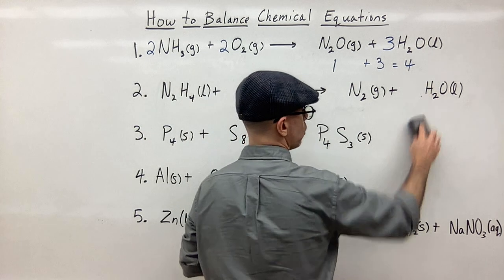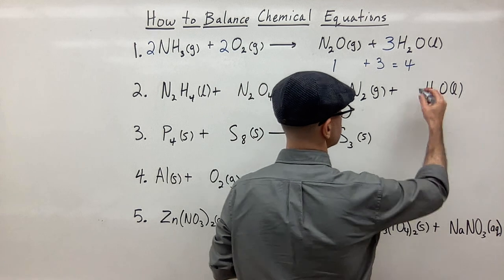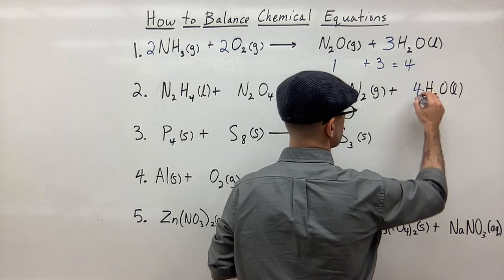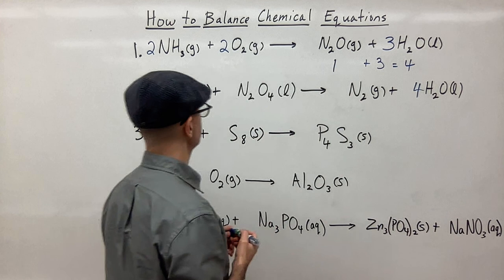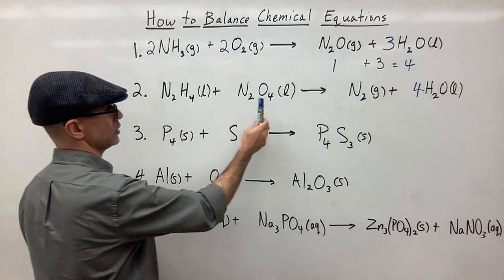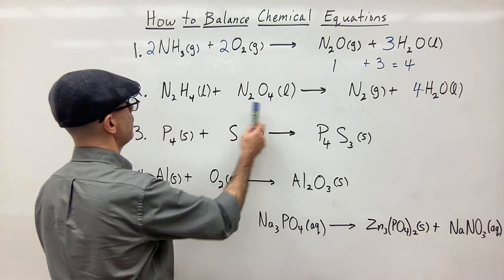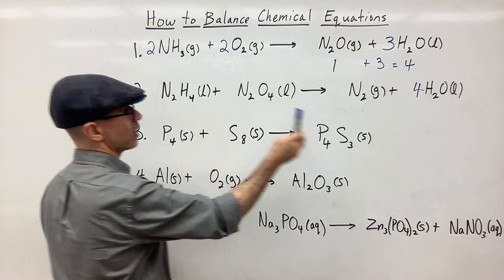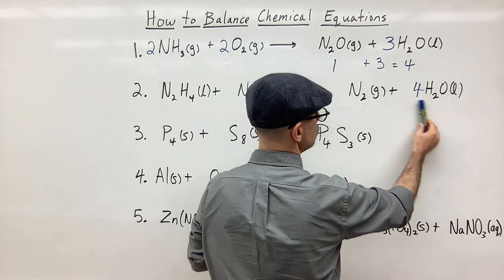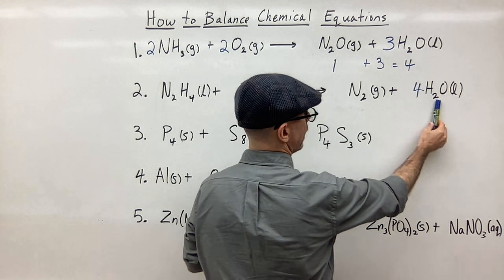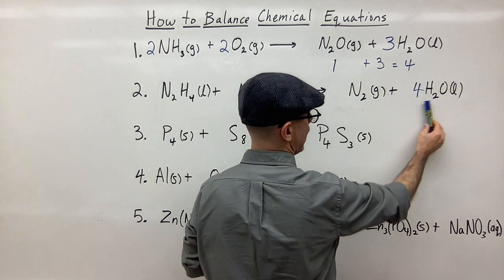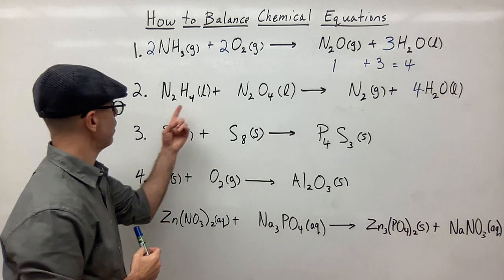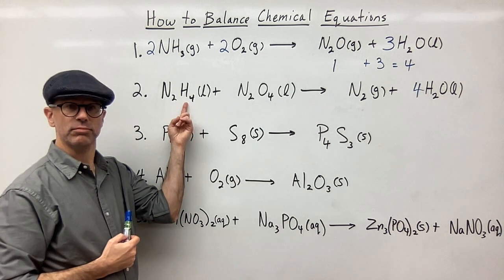So 4 times 1 is going to give me 4. Now I have 4 oxygens, and then I have 4 oxygens over here, but my hydrogens are off. 4 times 2 is 8. I have 8 hydrogens here, but now I have 4 here.